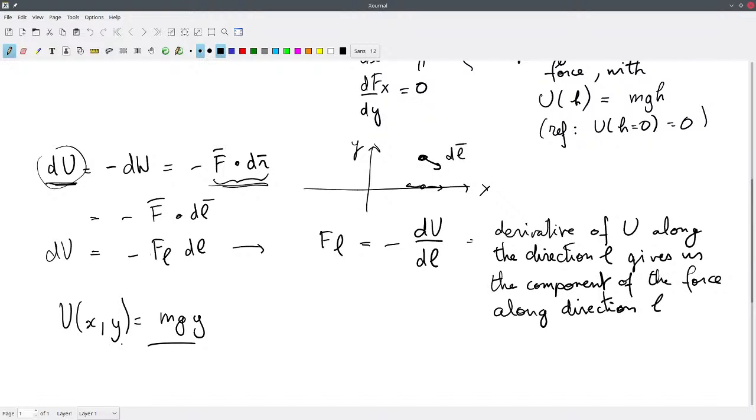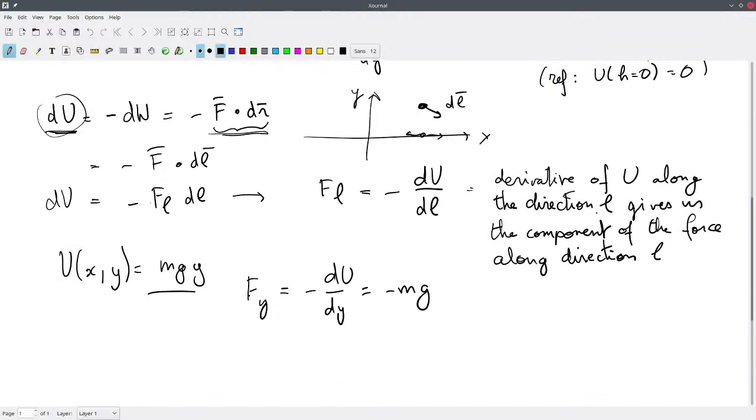It doesn't depend on x here. I can now say that the force along the y direction is minus du dy, so that's minus m times g, which we know is correct. The force along the x direction is minus du dx, so that's 0. That we also know.